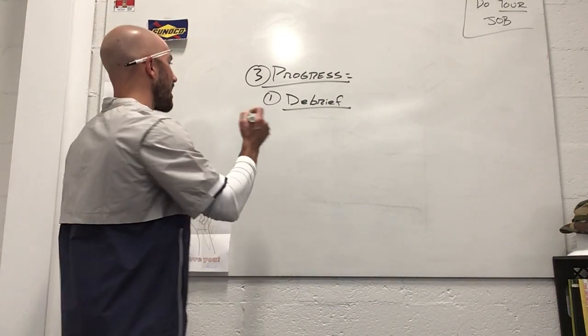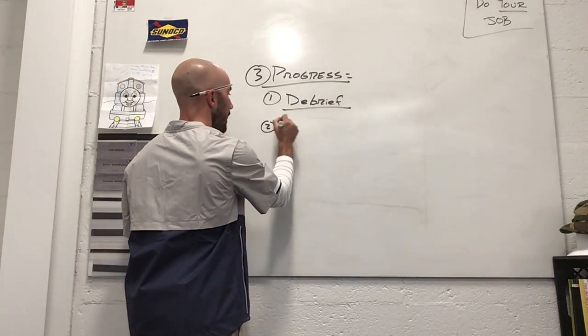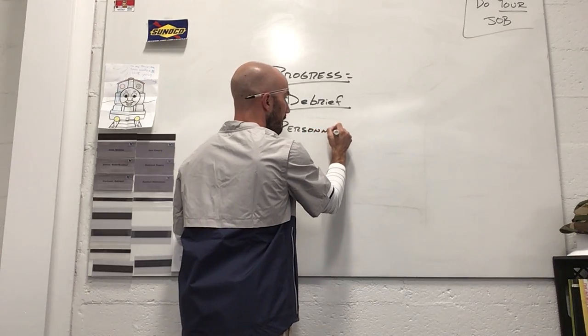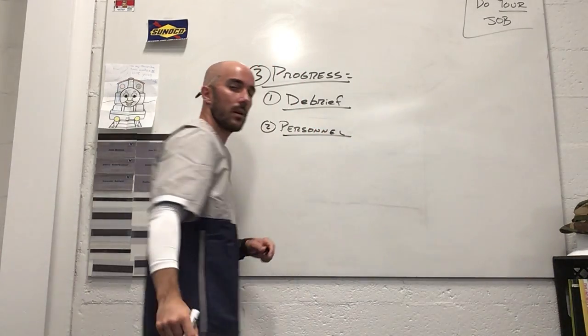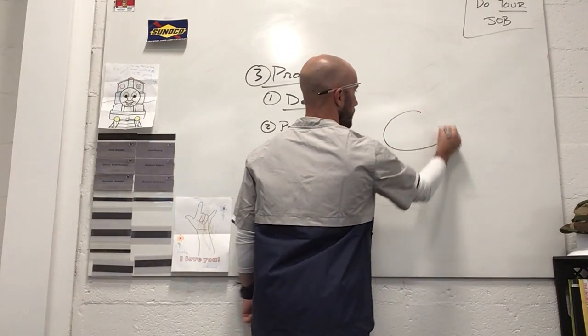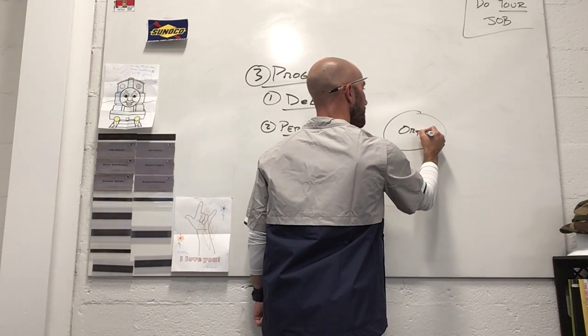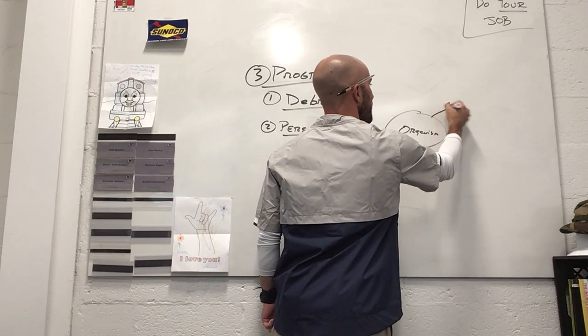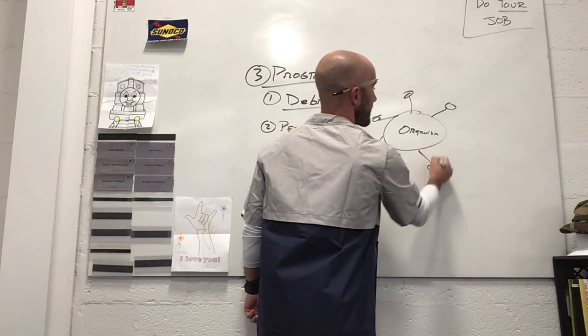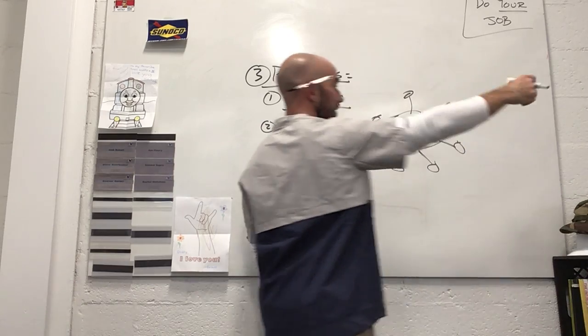The next thing is I always want to think personnel. Our team is an organism. It's comprised of a bunch of different personnel ranging from athletes to staff to supporters.